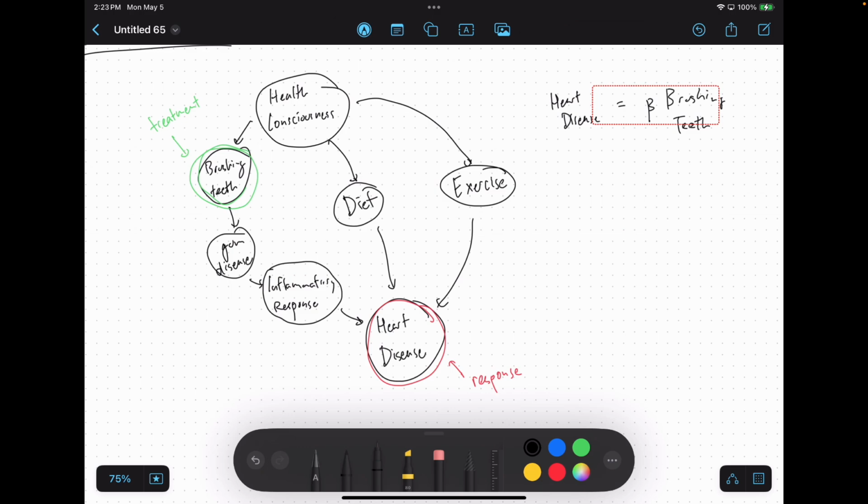So, all you have to do to close a backdoor path is control for the variation in your backdoor. So, we could do something like this, plus beta 2 diet, plus beta 3 exercise. These close the back door.